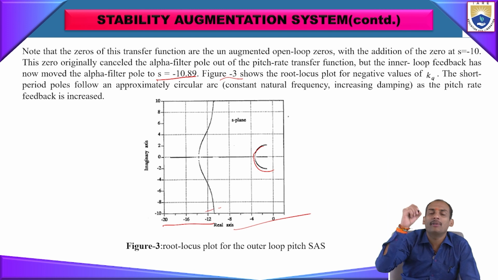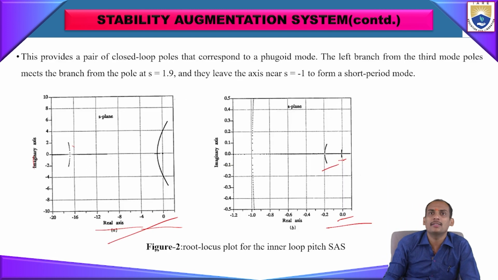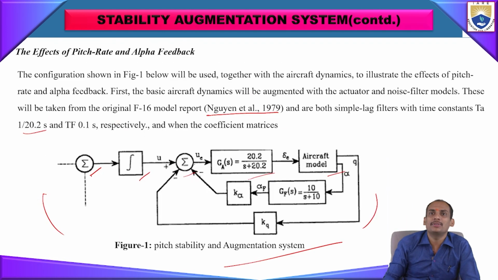Here, K alpha and KQ are the two feedbacks, and for the feedback there is also a controlling transfer function, that is GF. GF means the noise filter transfer function, which has been given previously.